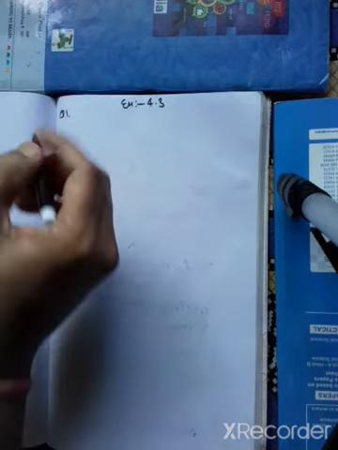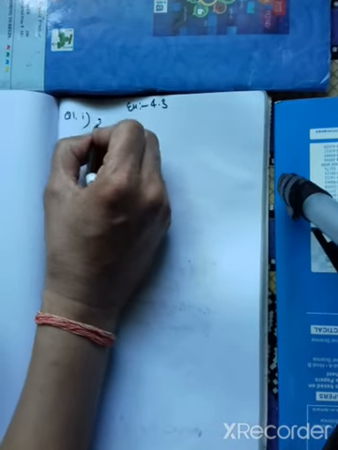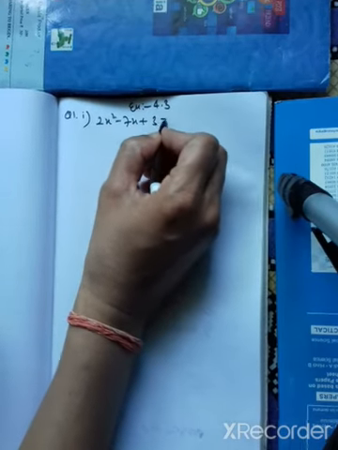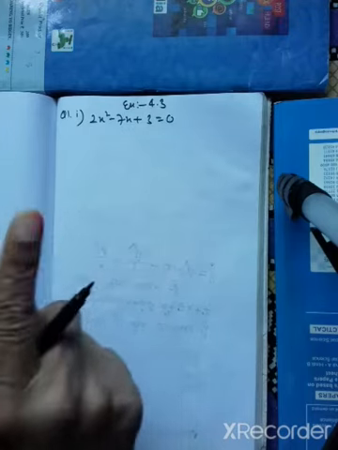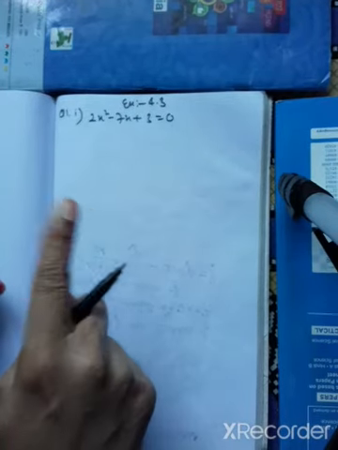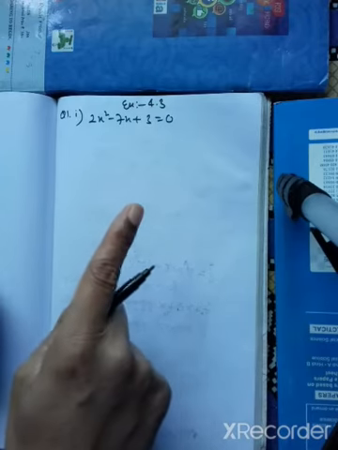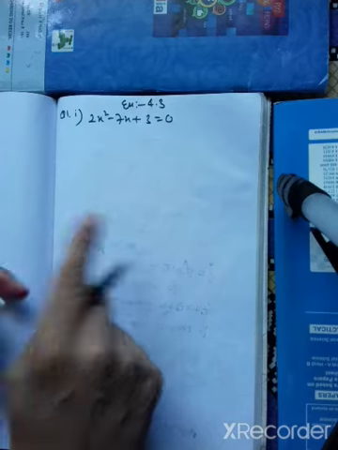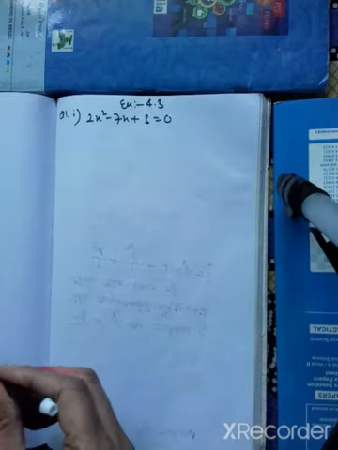Taking part 1, our quadratic equation is 2x square minus 7x plus 3 equals 0. So we will find the roots if they exist. How are we going to decide whether they exist or not? We will decide by our discriminant. So first of all we are going to find the discriminant.